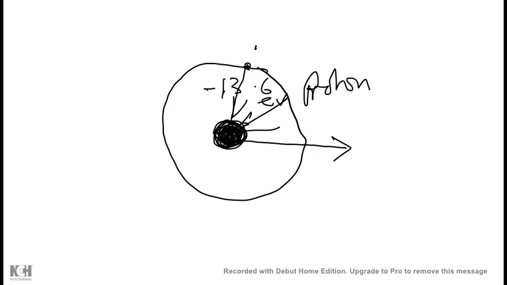It's given up some energy, and it sits there at minus 14.36.